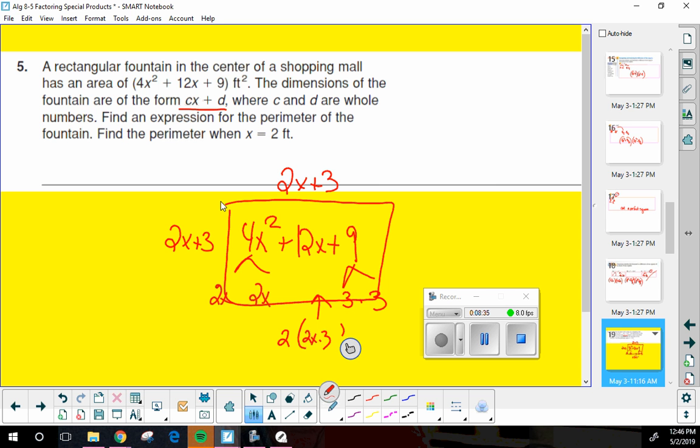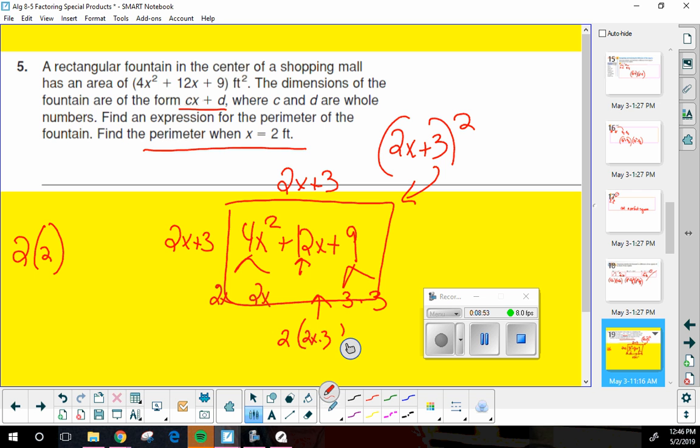All right, because 2x plus 3 squared would be that, and length times width gives me the area of this. So now I just need to find the perimeter when x is 2 feet. So I substitute 2 in for x. For the length of each side, that's going to be 4 plus 3 is 7. There's 4 sides, so the perimeter is 28 feet.